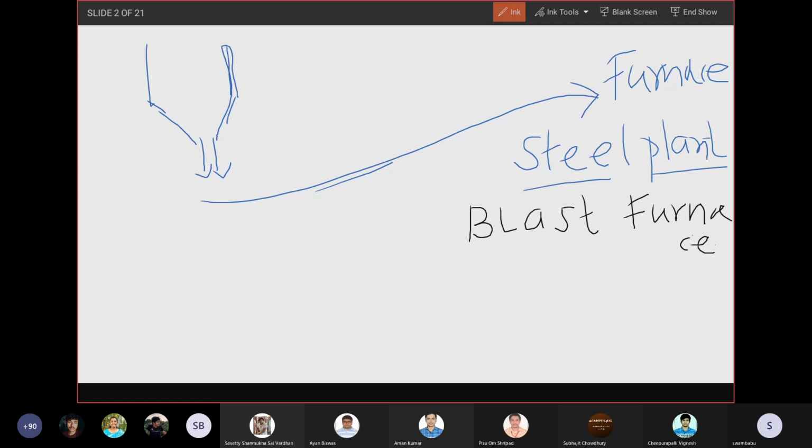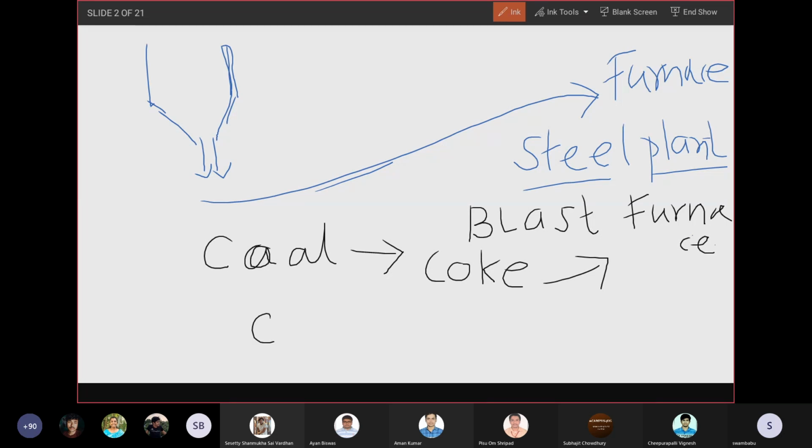Blast furnace. They heat this iron ore with the help of coal. Coal is converted to coke, and this coke will be supplied to the blast furnace.